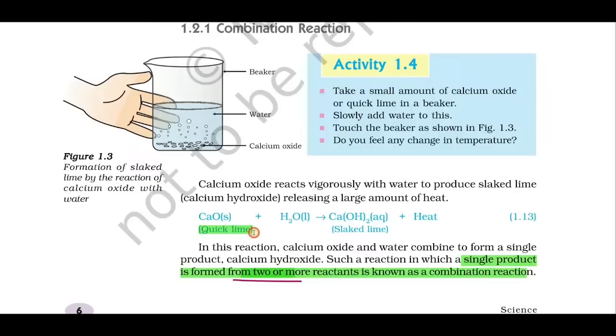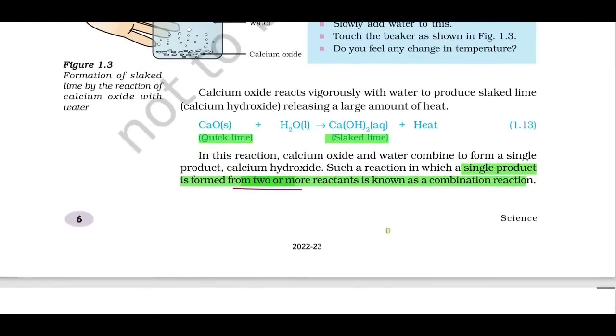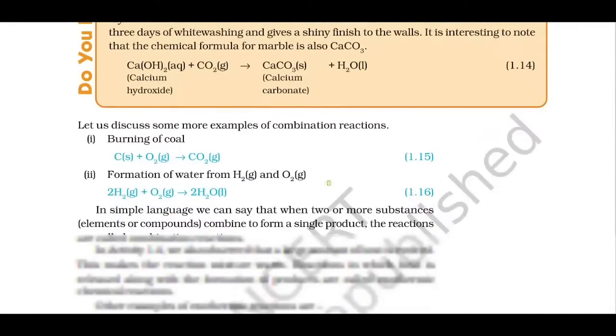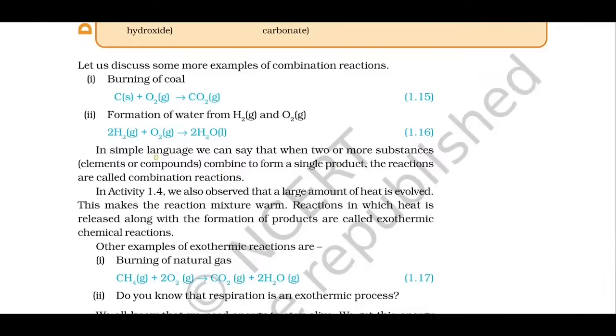That is quicklime in water gives the slaked lime plus liberation of heat. When heat is liberated in a chemical reaction, we call that an exothermic reaction. All combination reactions are exothermic reactions, because in a combination reaction the heat is evolved. What is an exothermic reaction?